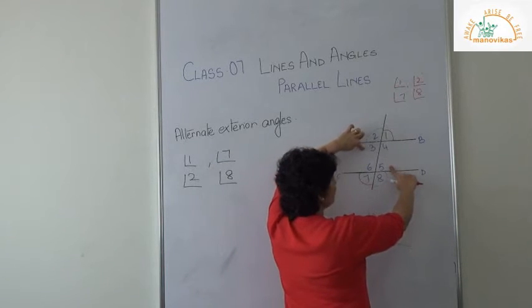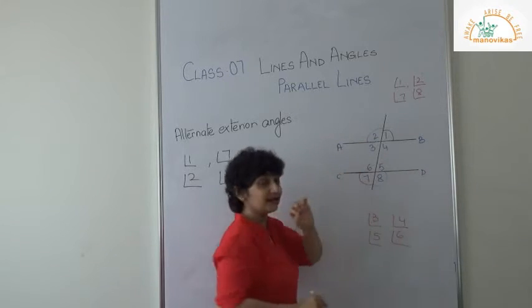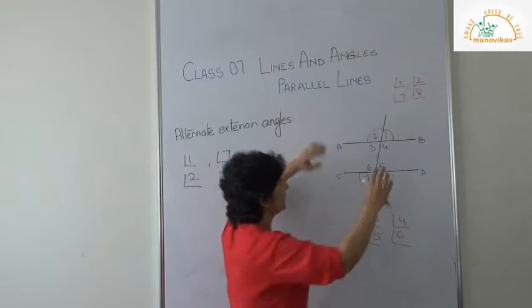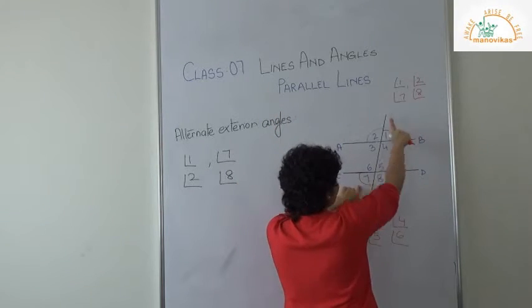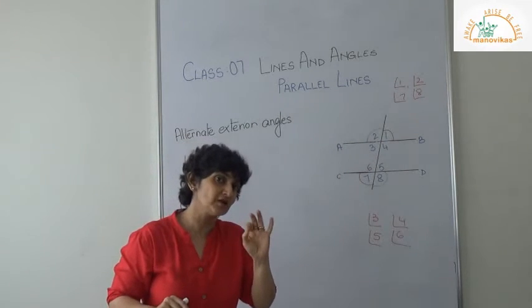Then we have 3 and 5, again the Z shape. Alternate exterior, outside: angle 1, angle 7, angle 2, angle 8. I'm sure you have understood this.